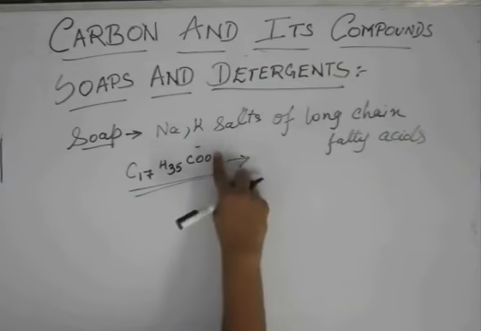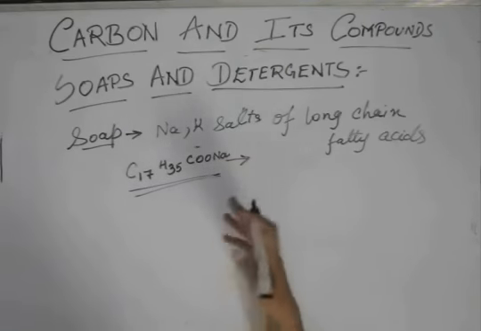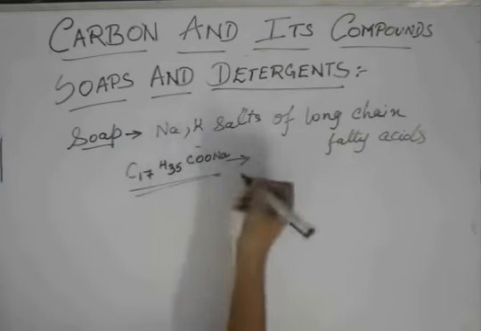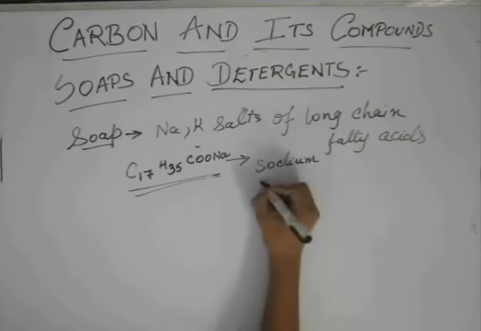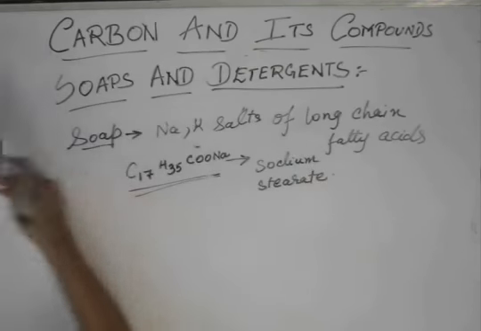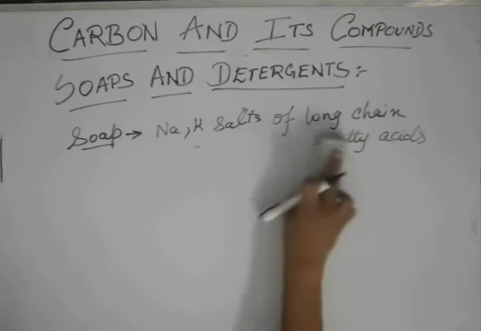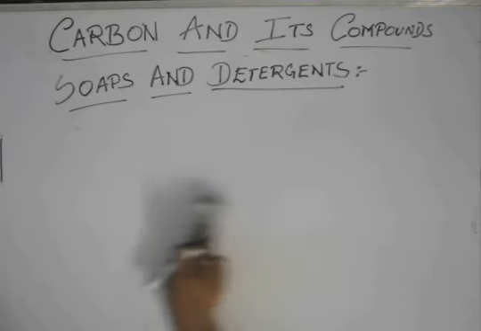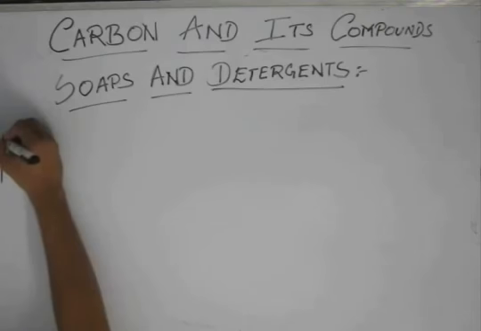So this is not actually C17H35COOH, it is C17H35COONa or C17H35COOK, and this compound is called sodium stearate. Now you don't need to remember the name of this compound, just for your idea, they are just sodium and potassium derivatives of long chain fatty acids, long chain carboxylic acids.